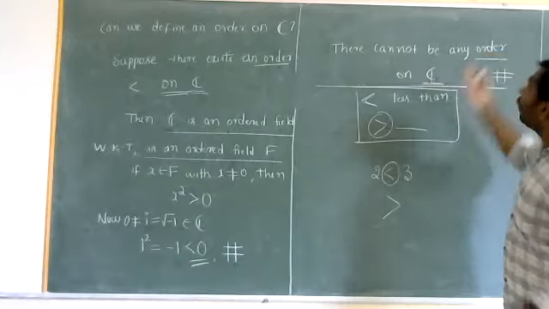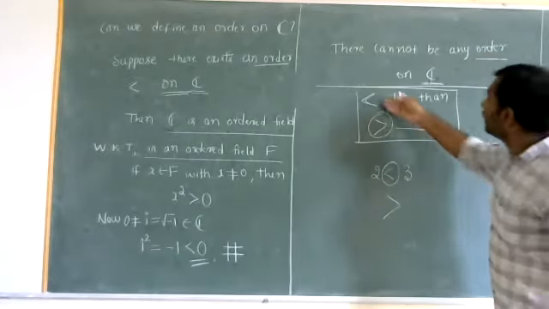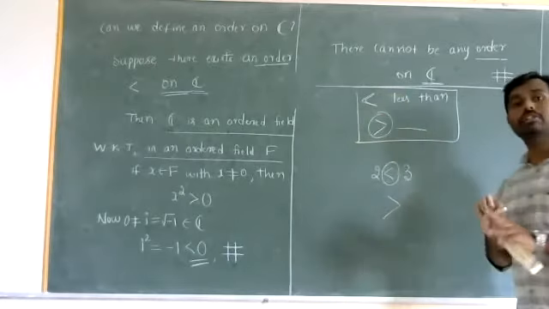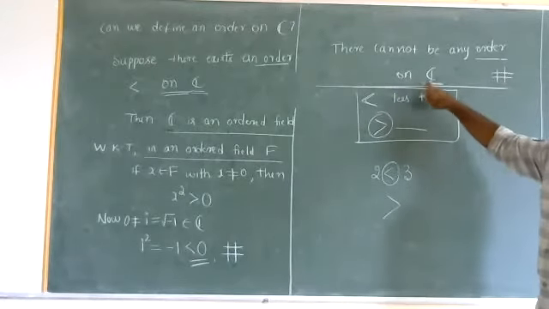So as there cannot be any order on C, in particular these two relations will also not be order on C.